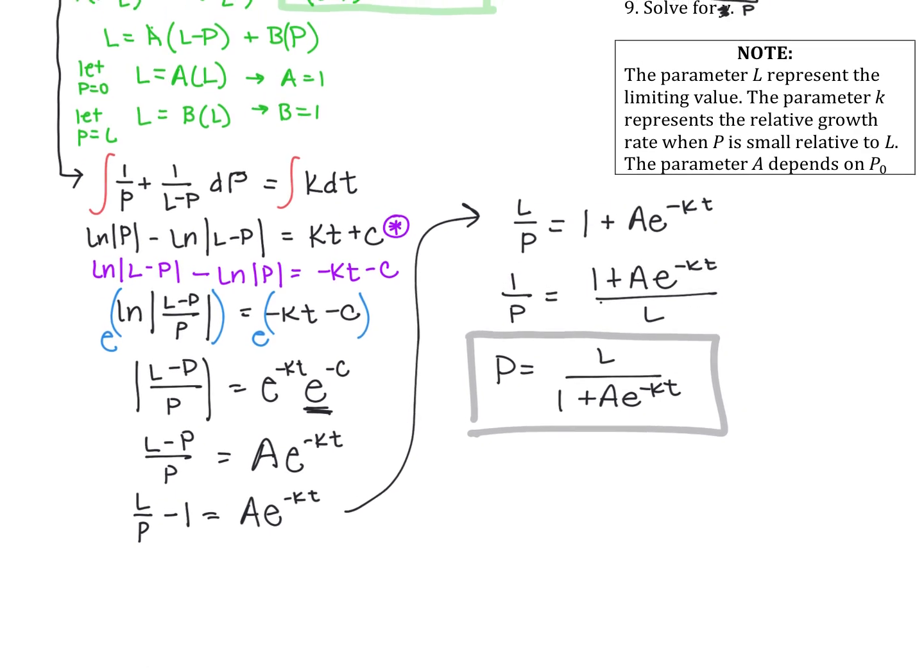This parameter L that we have right here represents our limiting value, our carrying capacity. The parameter K represents the growth rate that we have, the relative growth rate. And then A is like our initial value. So it depends on what happens at that P sub 0 time.